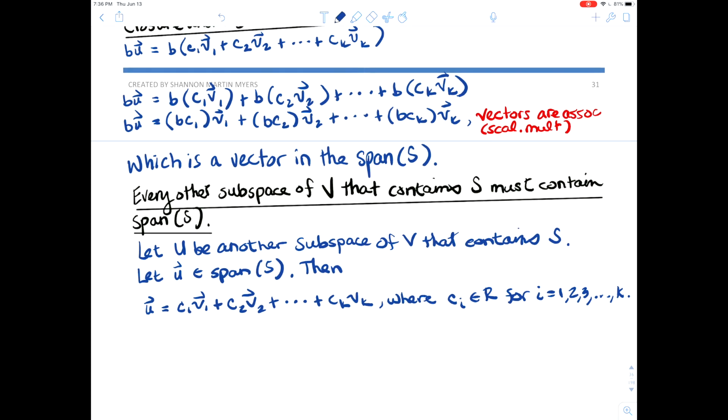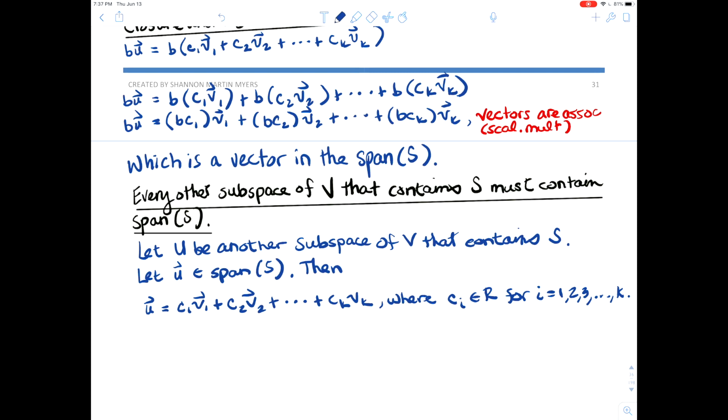So, thinking about subsets, all of those V's are represented, aren't they? Yeah, something could zero out because one or more of your CIs could be zero. Even all of your CIs could be zero.